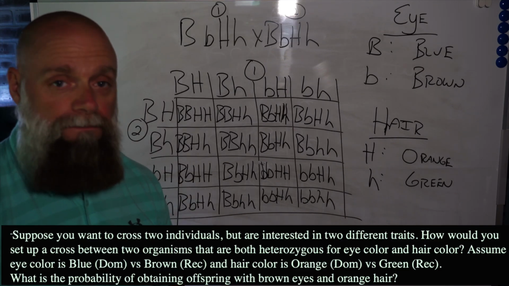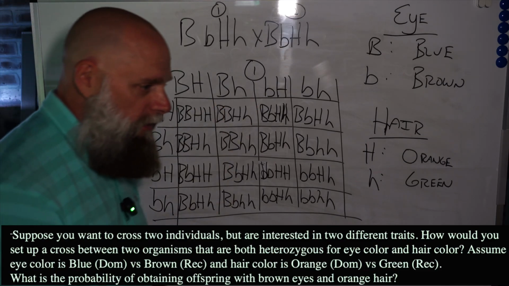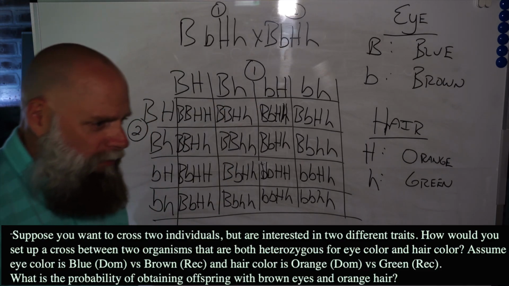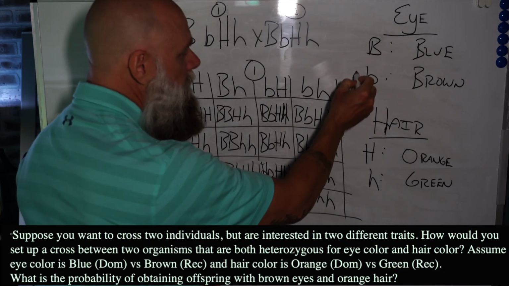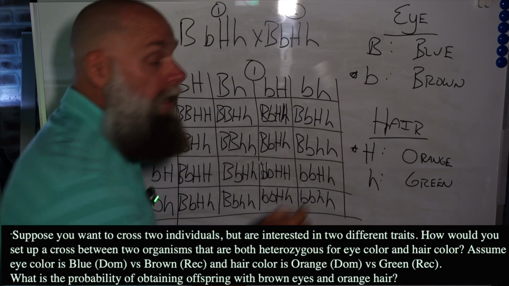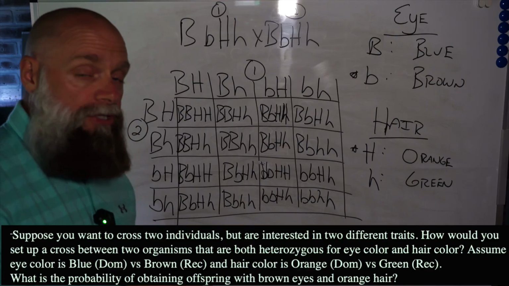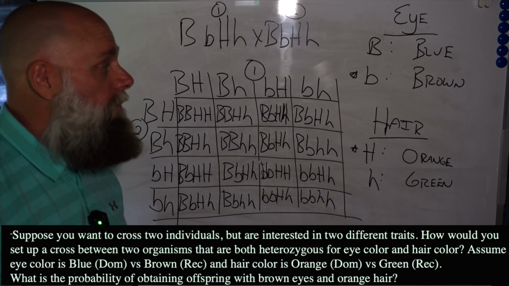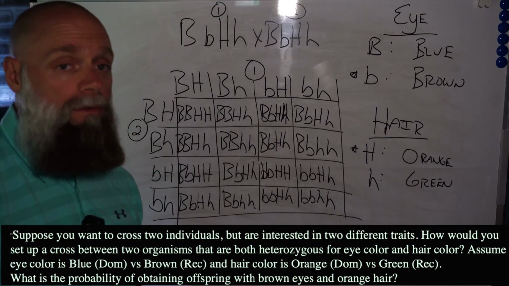Now, the question. We want to see what is the likelihood. Let me go ahead and read off my screen over there. What is the probability of obtaining offspring with brown eyes and orange hair? So now here's the next thing we have to do. I know we've got the ratios that we talked about in the previous video, but we have to identify all the potential allele combinations that give us brown eyes and orange hair.